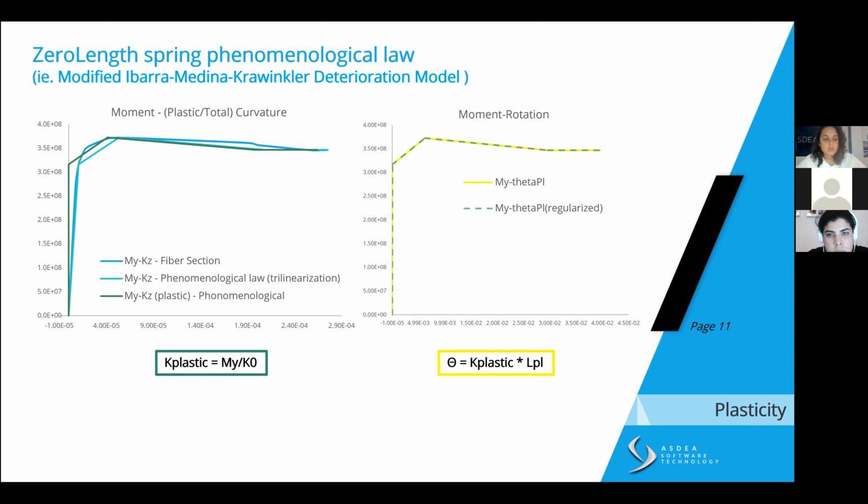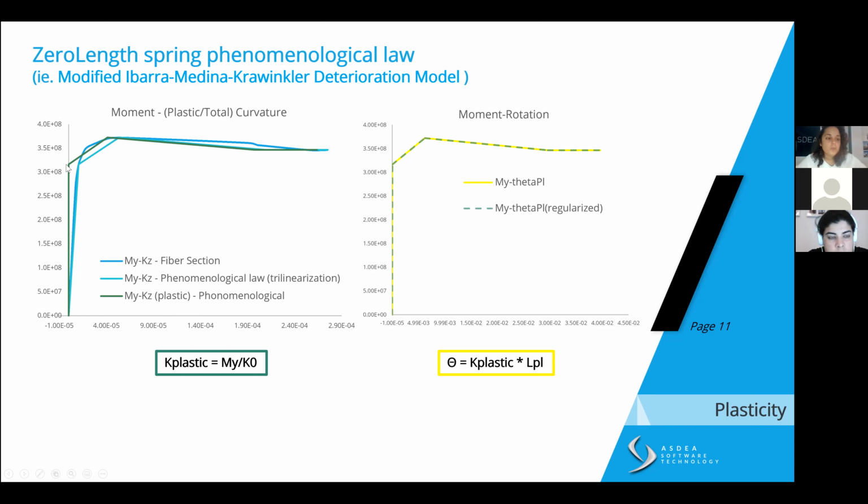To do that, we're going to divide the reaction moment applied in these points by the initial stiffness of your curve, and then you obtain a plastic phenomenological behavior that is infinitely rigid here. Because of course, if you divide here by the stiffness, this is the initial stiffness, you're just going to get the initial point.